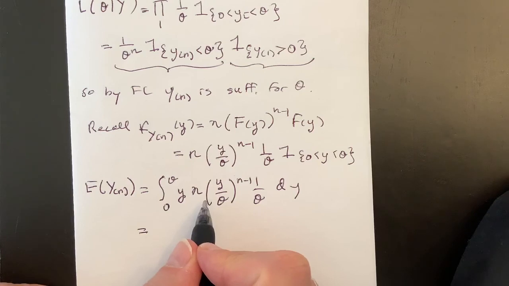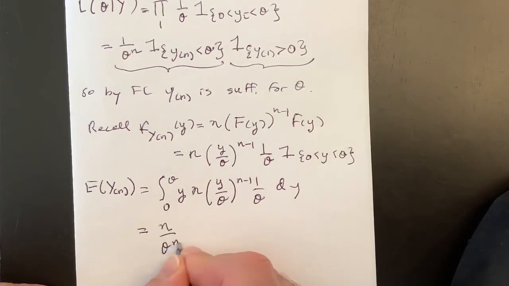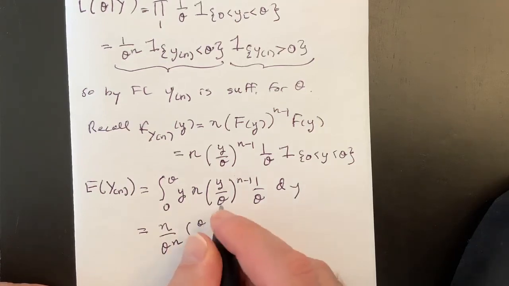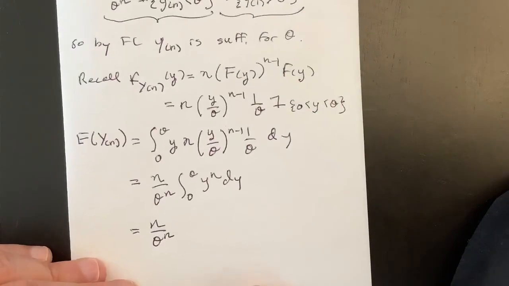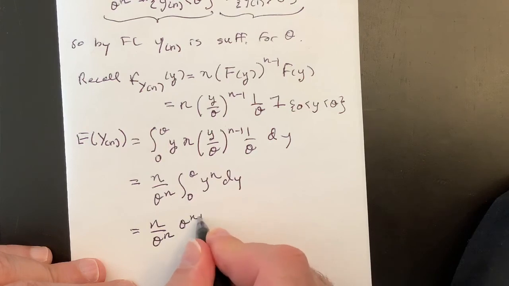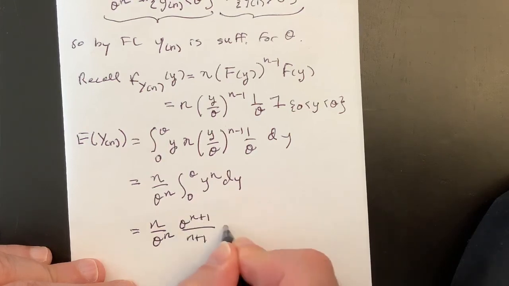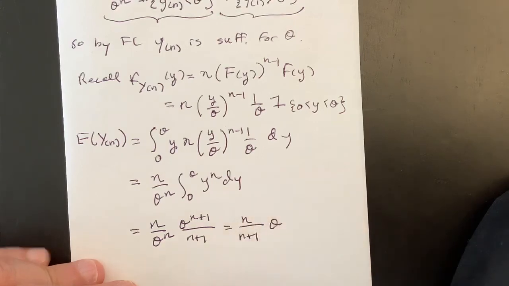Theta to the n comes outside, and the n comes outside, so I have n over theta to the n times the integral from 0 to theta of y to the n dy, which is y to the n plus 1 over n plus 1. So I get n over theta to the n times theta to the n plus 1 over n plus 1, which equals n over n plus 1 times theta.